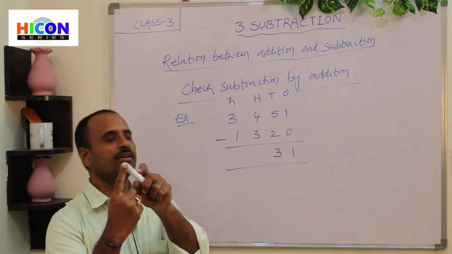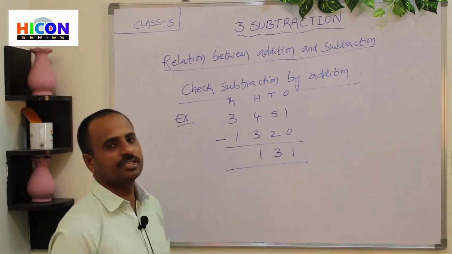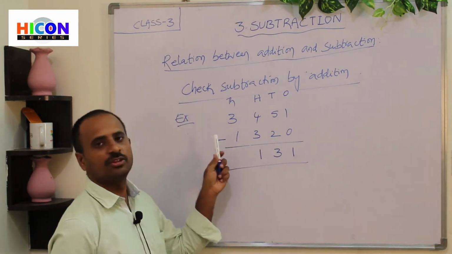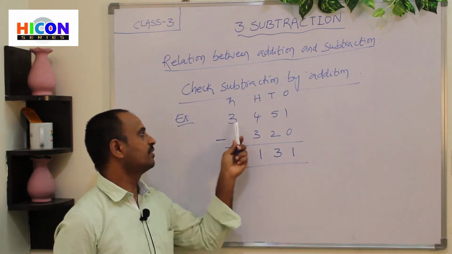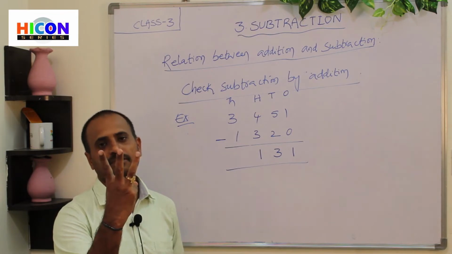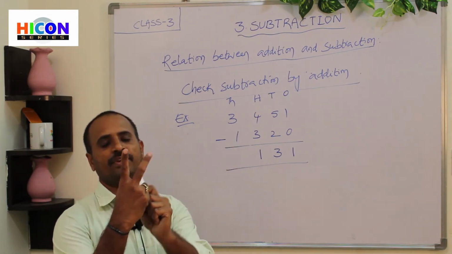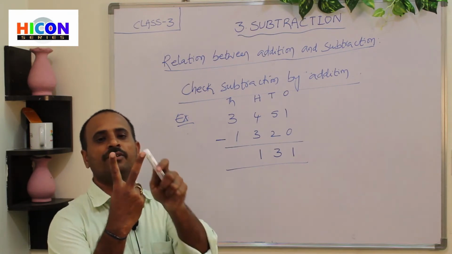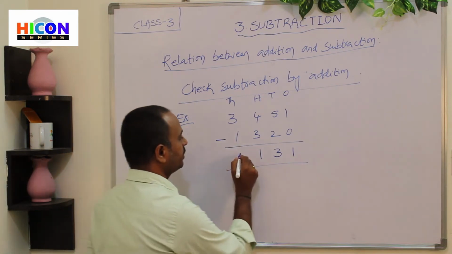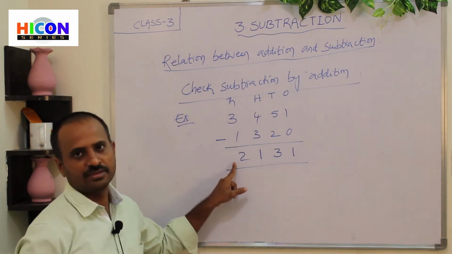There are 2 fingers remaining. So write 2. Children, this is the difference.